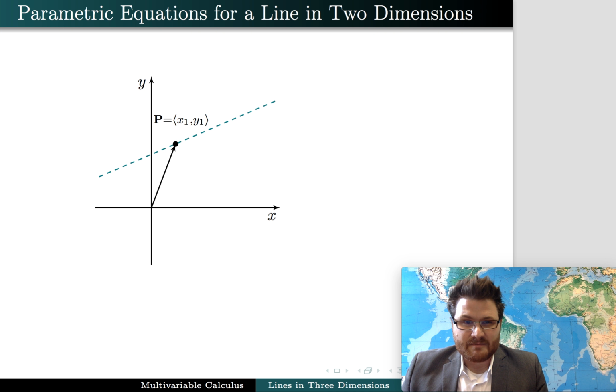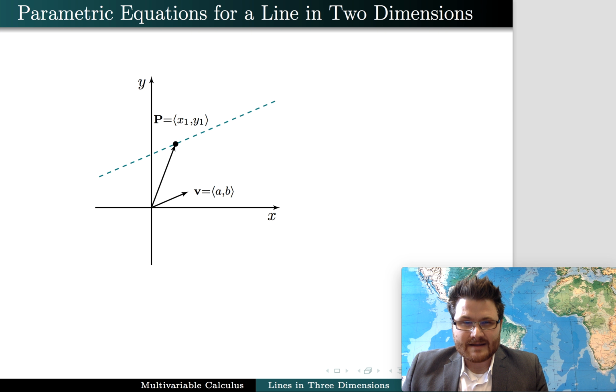As long as we fix the base point at the origin, there's some vector with components x1, y1 that leads us from the origin to that point P. And the only other thing we need then is a vector that points in the direction of our line, parallel to it, whatever the components of that might be.